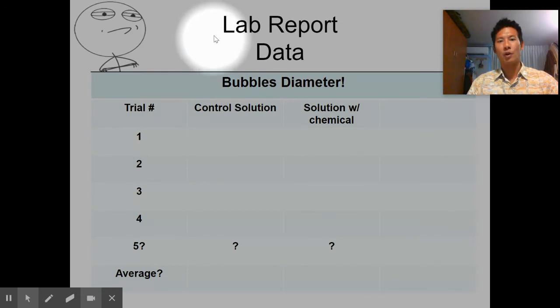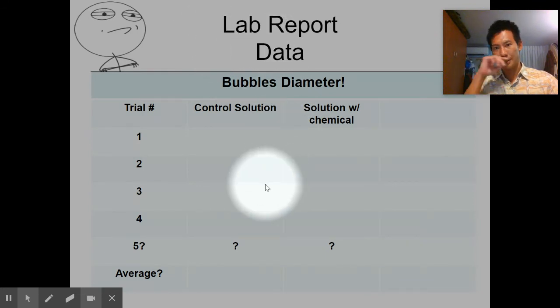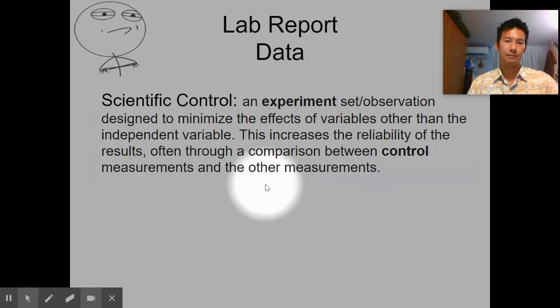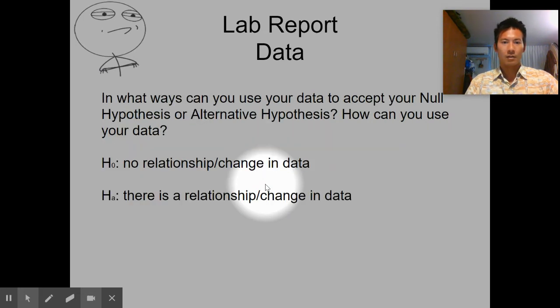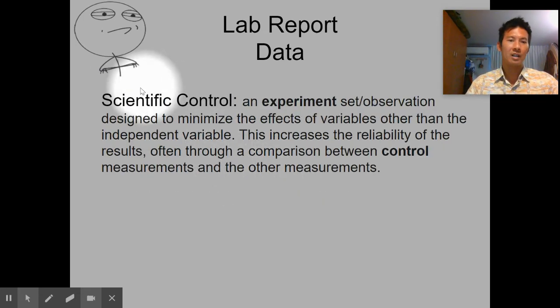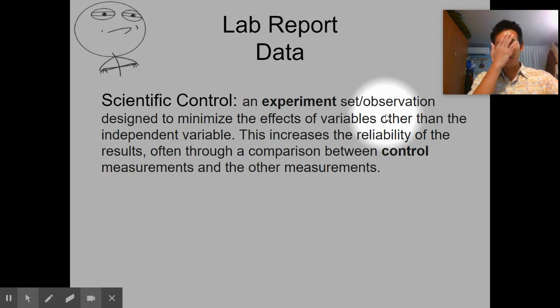Lab report. You do want to put your data in your lab reports in tables, because tables are nice and neat. You also want to have a control. In a lot of experiments, they set up a scientific control, which is used to compare something to.